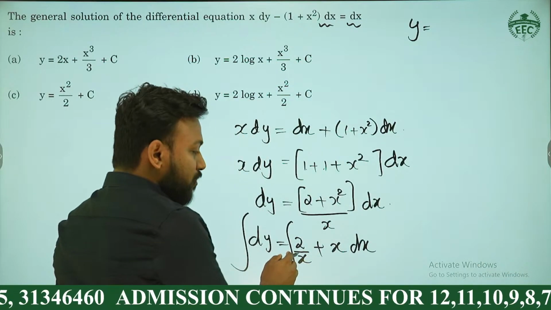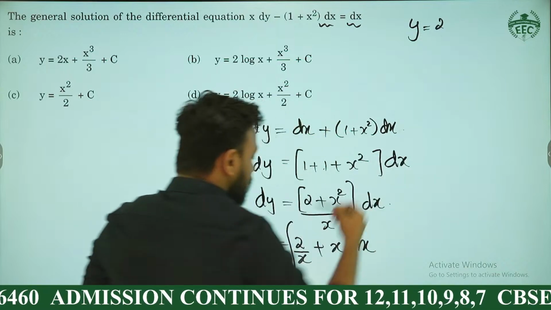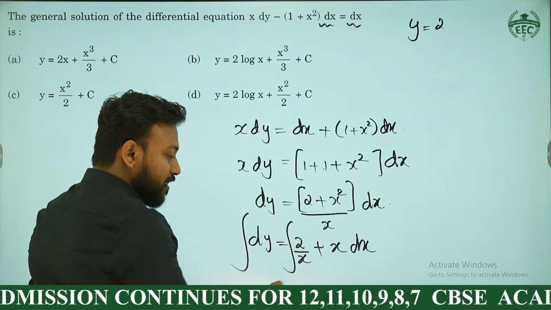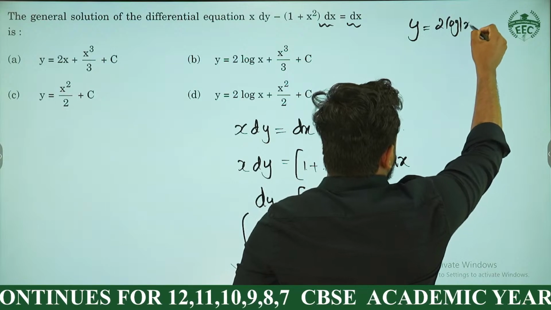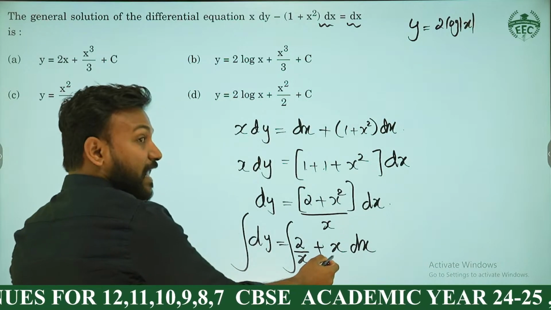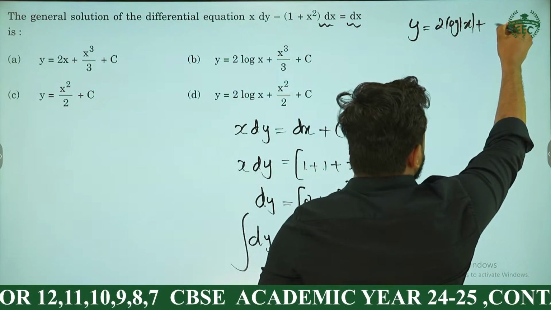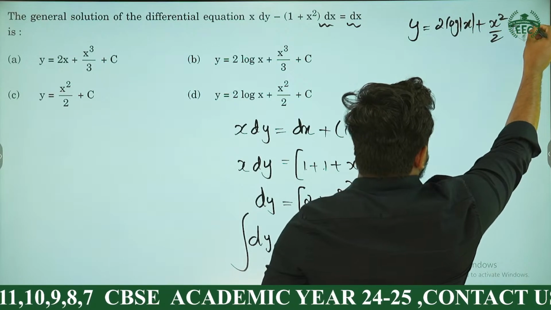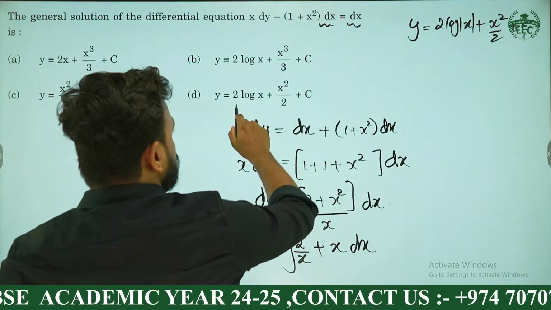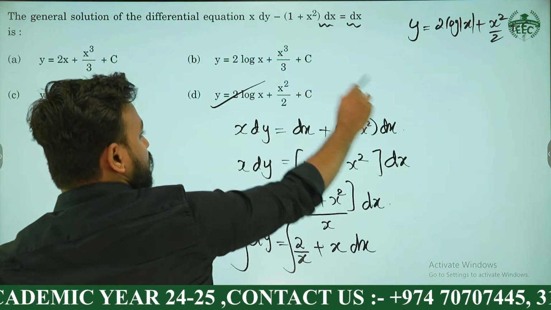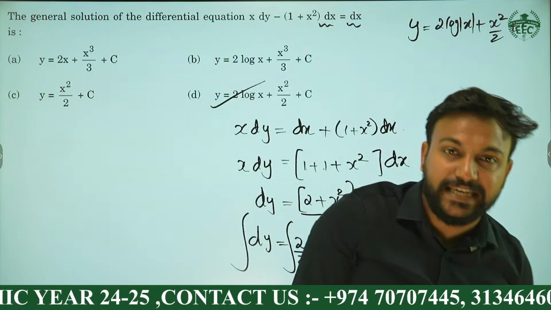And what is integral 1 by x? You can take the 2 outside and there is only 1 by x left. So integral 1 by x is equal to log mod x. And finally plus integral x. Integral x is what? X square by 2 plus c. So the answer is y is equal to 2 times log x plus x square by 2 plus c. The option D is your answer.